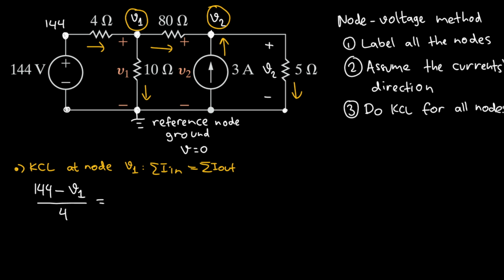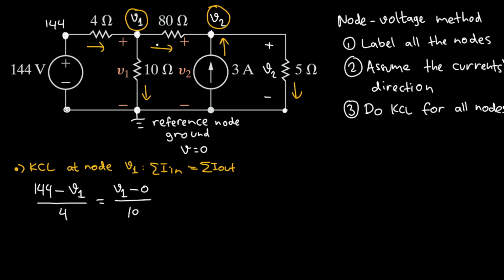Now let's work out on this current here. The current comes from V1. Okay, let's write V1 first. And then the current goes to the ground. But the ground has the voltage of 0. So I'll have V1 minus 0. But here, this is voltage. We need current. So we divide it by the resistance between them, which is 10.